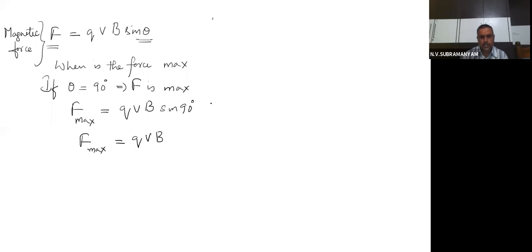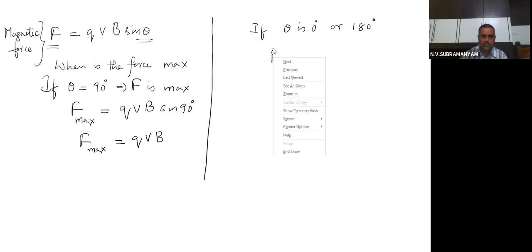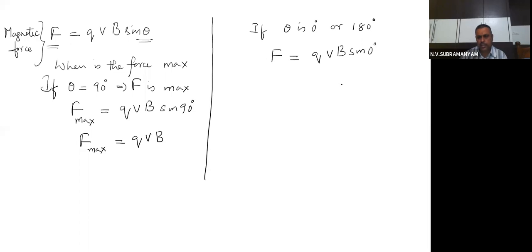Then immediately another question. If theta is 0 or 180, that means V is parallel to B. F is given by the formula Q V B sin 0, I can write sin 180 also.